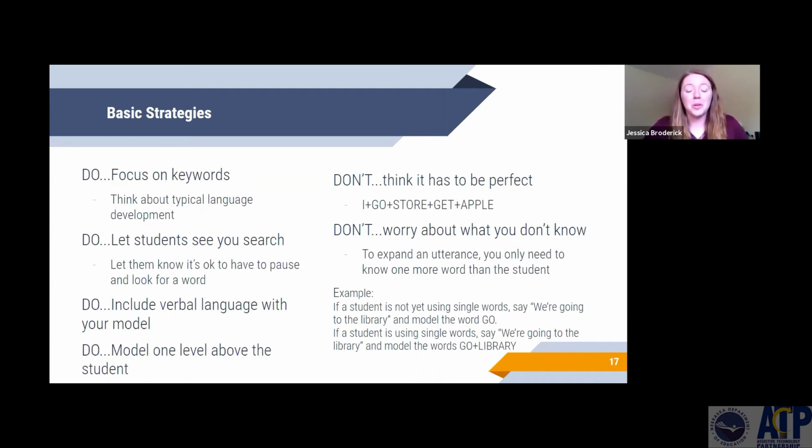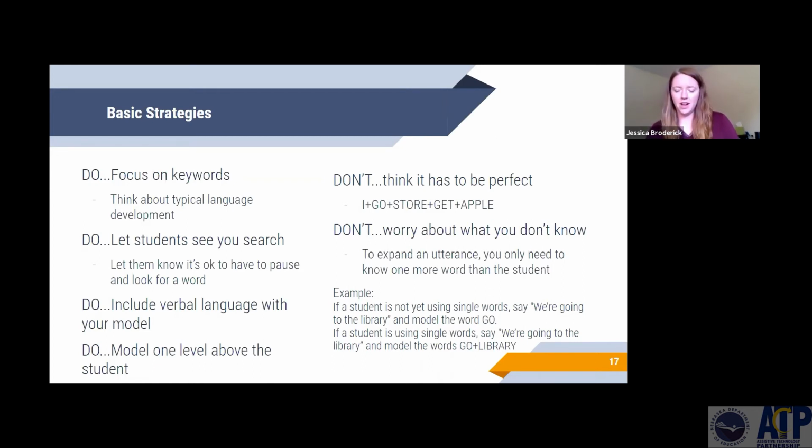Do include verbal language with your model. So we always want to be giving them both the verbal model so they can hear that and understand that, and the AAC models as a language immersion technique. Model one level above this student, which I kind of talked about already, with the one-up language styles. So this kind of goes into a don't.